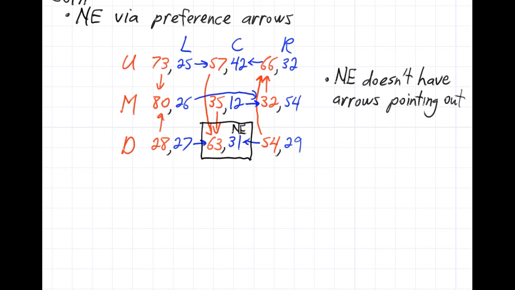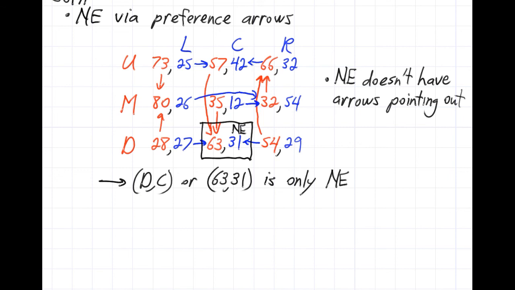So once you've arrived there, there's no unilateral switch that'll take you out. And what we find then is that the strategy pair DC, or equivalently 63, 31, is the only Nash equilibrium, or at least it appears to be.